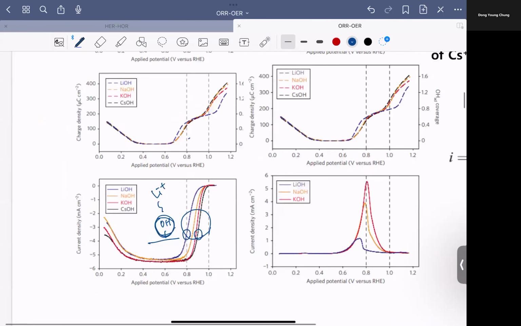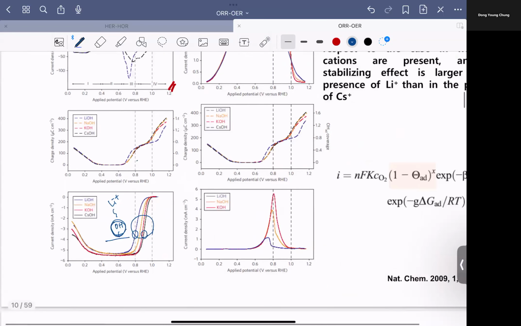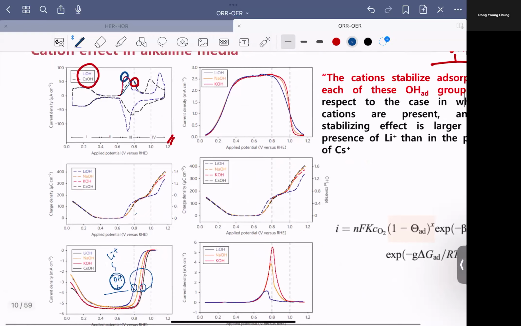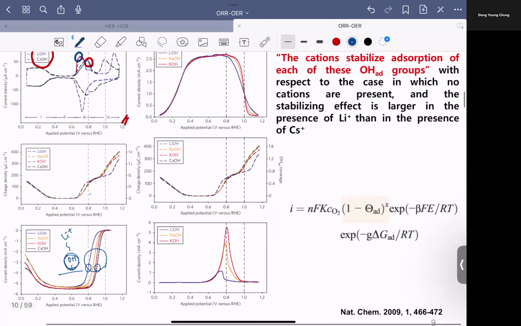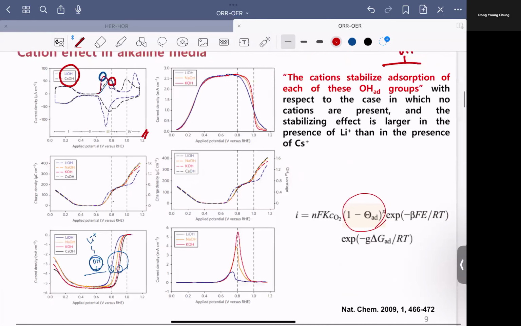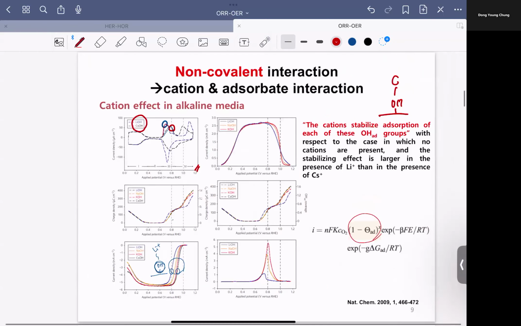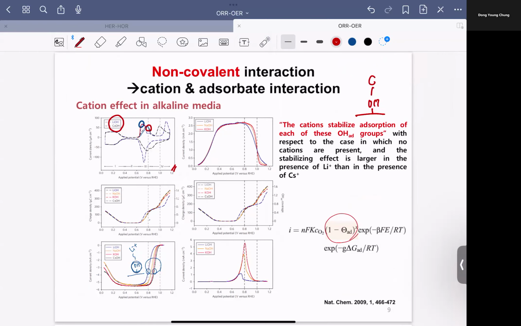Not surprisingly, this idea also applies to carbon monoxide oxidation or something like that. But anyway, I would like to highlight once again, you have to think about the surface availability, right? With interactions between the cations or anions or the others, right?